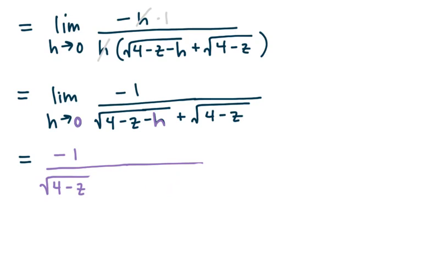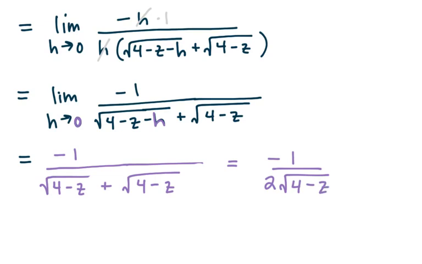So really, I have the square root of 4 minus z plus the square root of 4 minus z, which is negative 1 over, if I'm adding those, 2 square roots of 4 minus z.